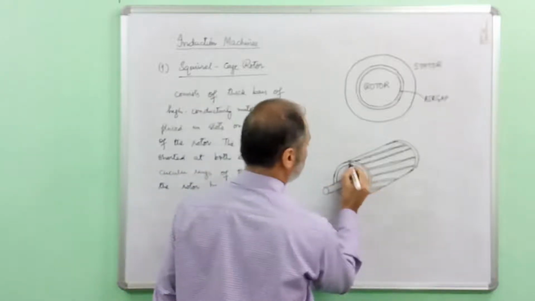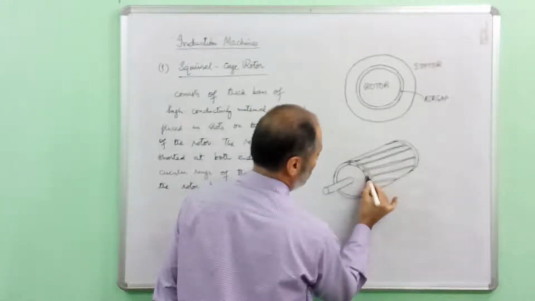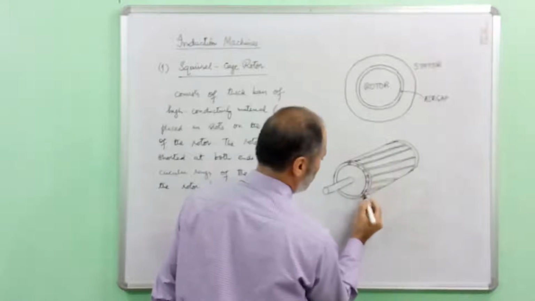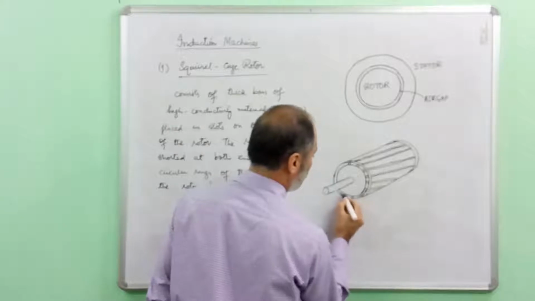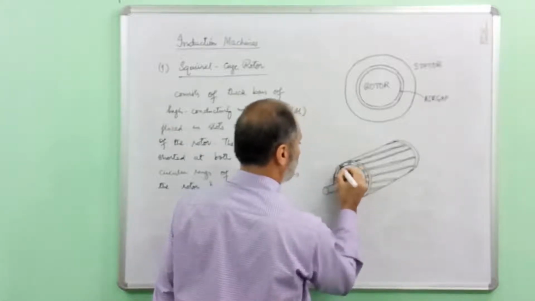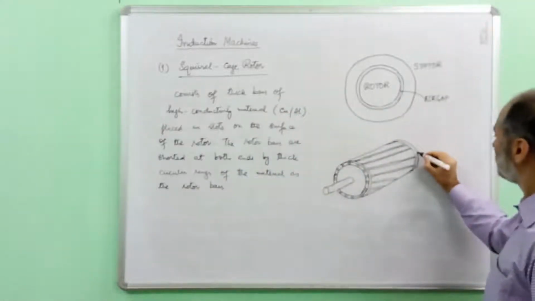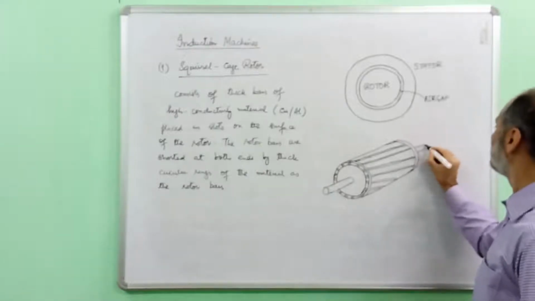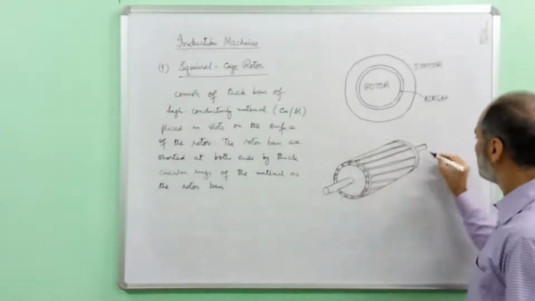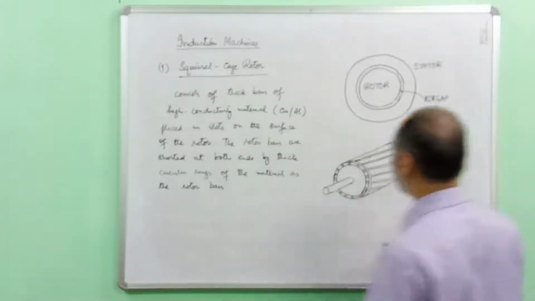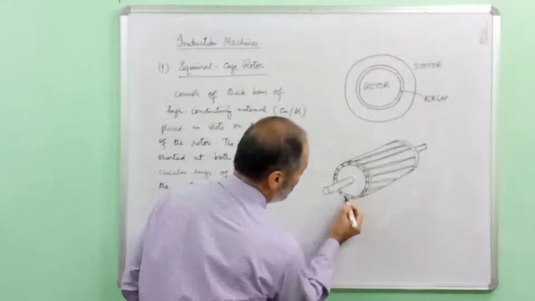The shaft. So in this diagram we can see these are the rotor bars, shown here on one side.